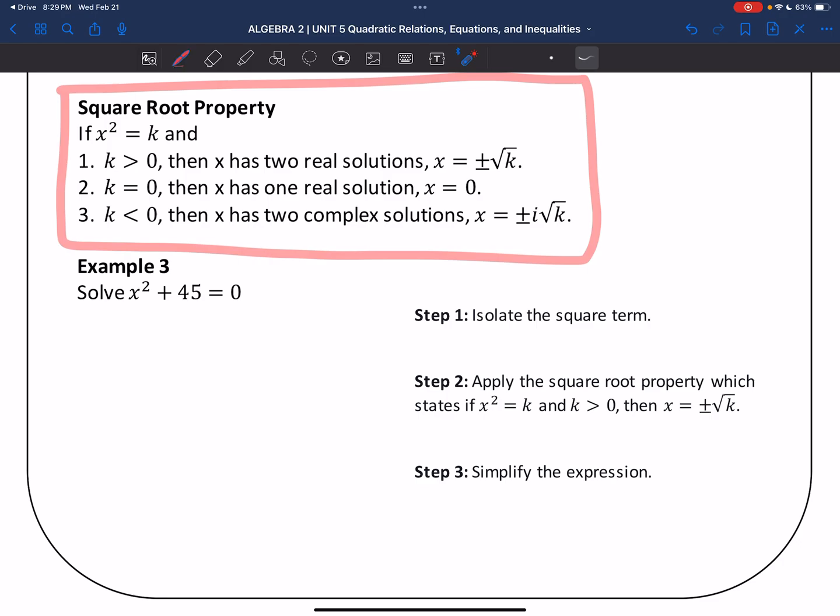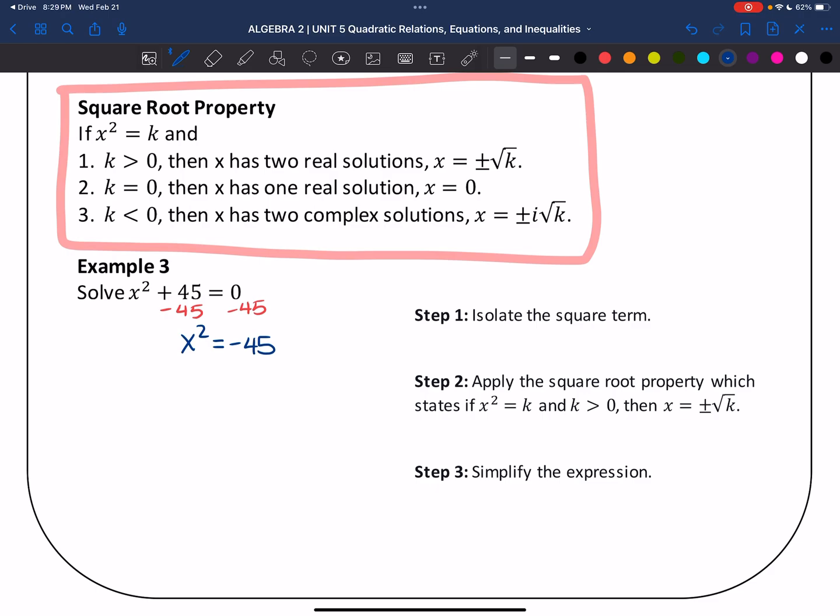Okay, now let's look at how that plays out. Let's solve x squared plus 45 equals 0. Like we did before, isolate the squared term, subtracting 45 on each side so that we have x squared equals negative 45.